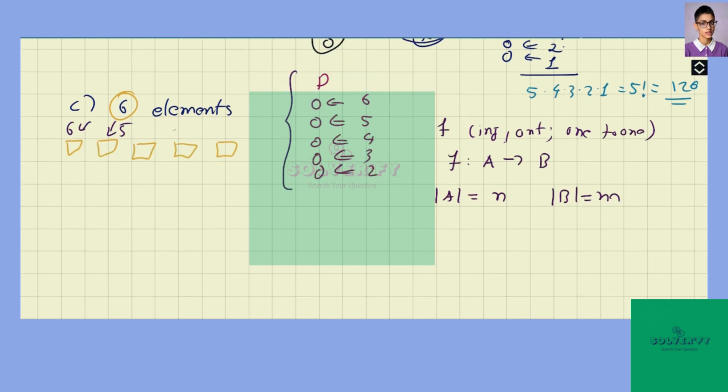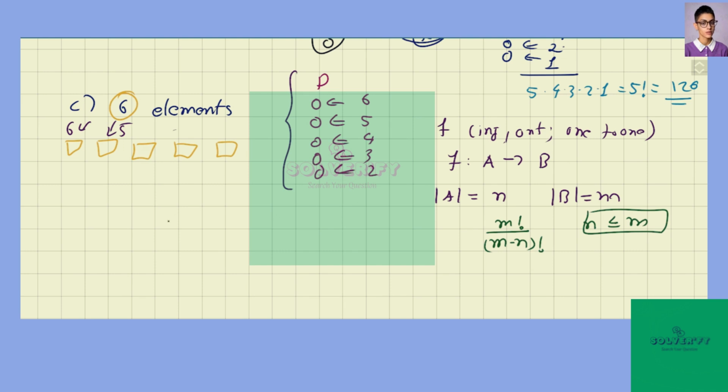All the possible one-to-one functions that map from A to B are going to be equal to m factorial divided by (m minus n) factorial, and it's necessary that n should be less than or equal to m. So that's the condition, and this is the general formula for this kind of exercise.